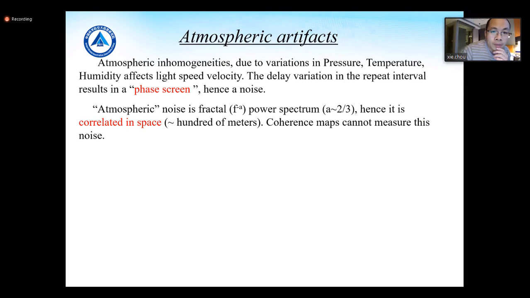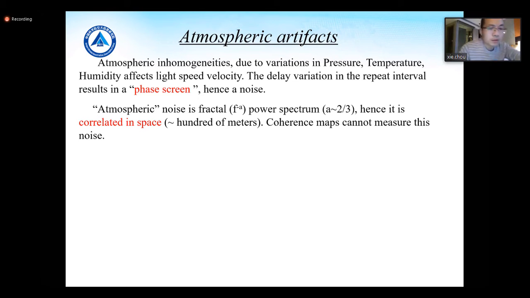The atmosphere is inhomogeneous, and the variation in pressure, temperature, and humidity affects the speed of light. The delay variation in the repeated interval results in a phase screen, hence a noise.